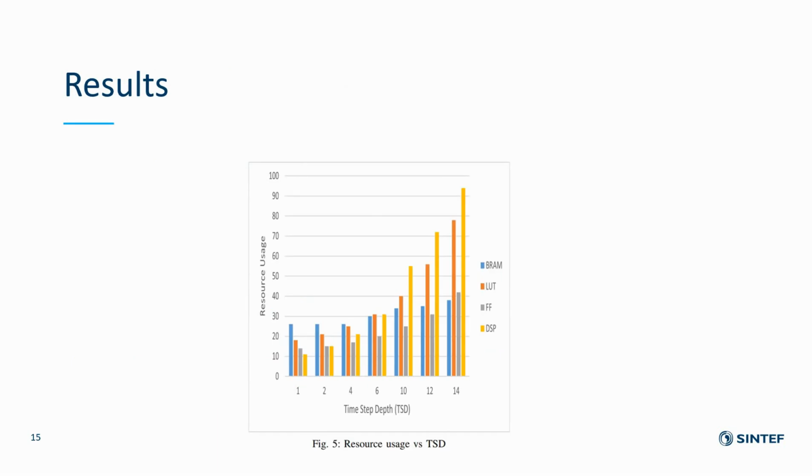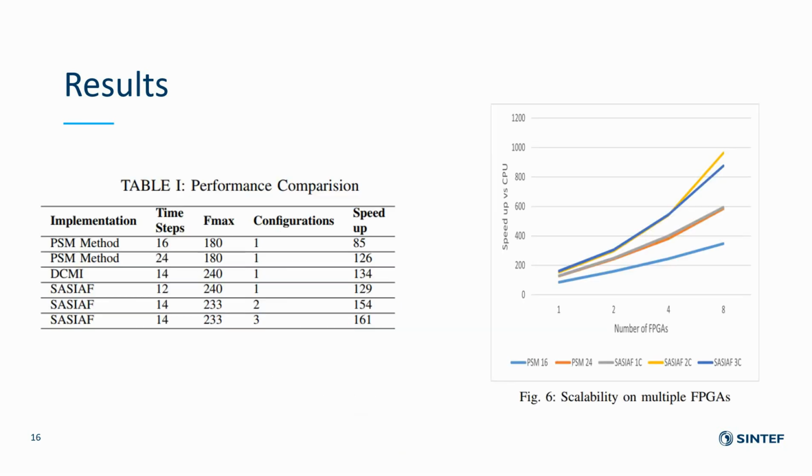As you see in the results here, the bottleneck is the DSPs. When we increase the time steps to 14, the DSP usage is almost 100%, so we cannot continue with that. So if there is another application that we want to run on this FPGA that needs only LUTs and block RAMs, it's possible to do that.